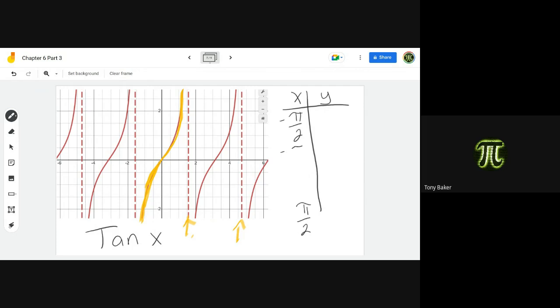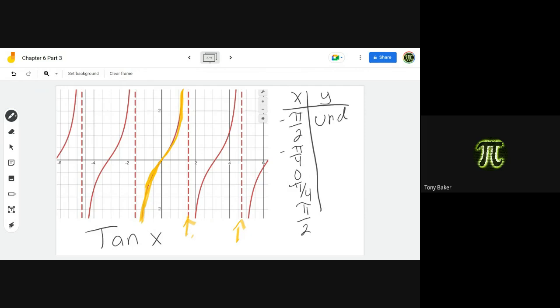And I'm going to do negative pi over 4, 0, and pi over 4, because again, we're still going to cut it in half. All right. At negative pi over 2, does tangent exist? No. So it's undefined.